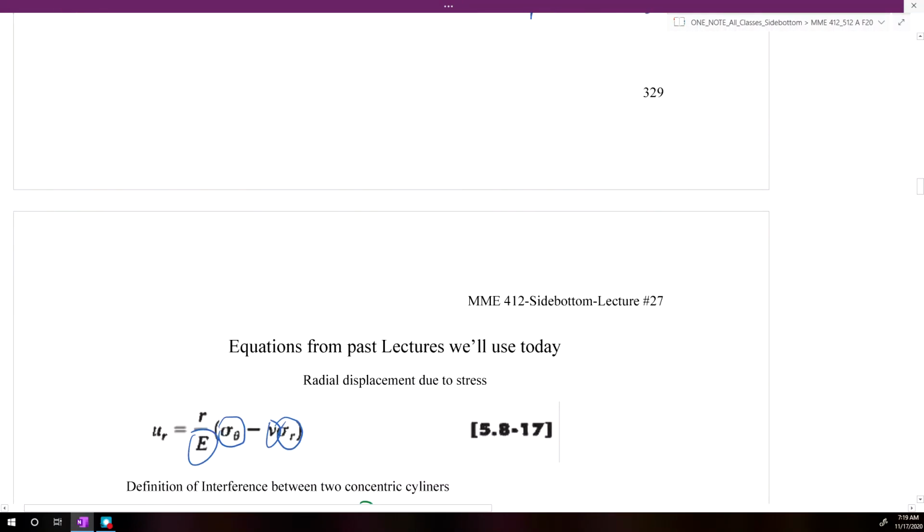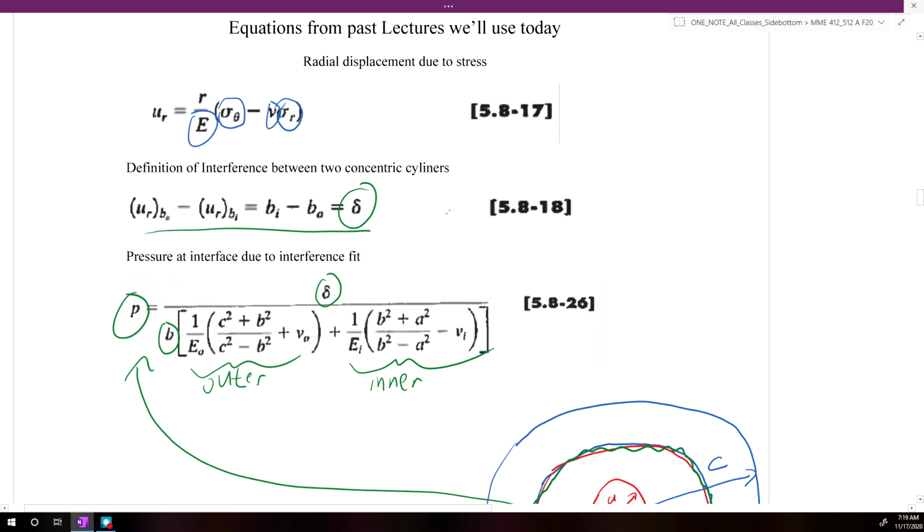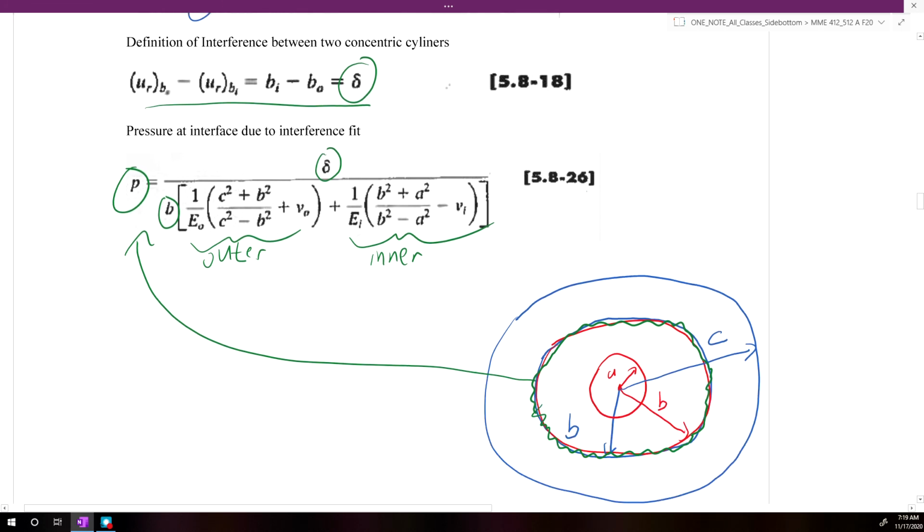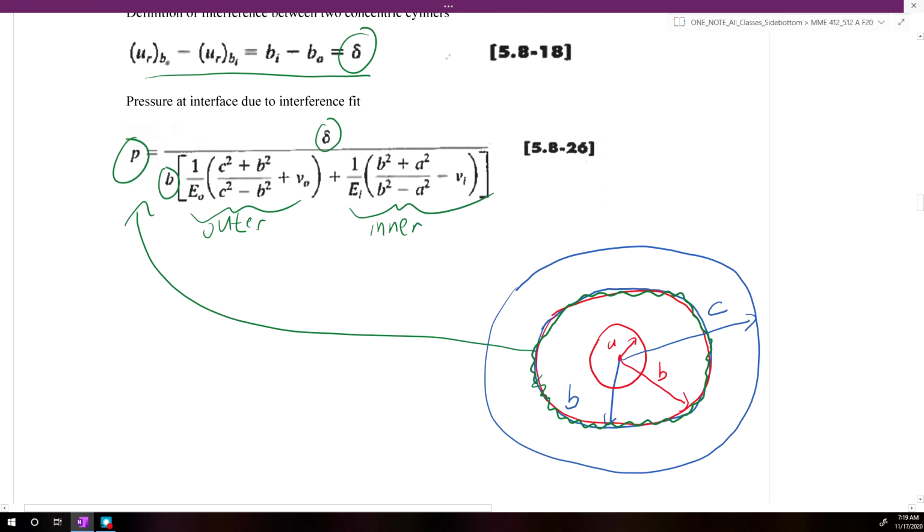In the case of an interference fit, it's straightforward: if we know the dimensions of the inner and outer cylinders, the interference, and the material properties for both parts, we can solve for the pressure. So it's pretty simple to find our stresses and our interference pressure.